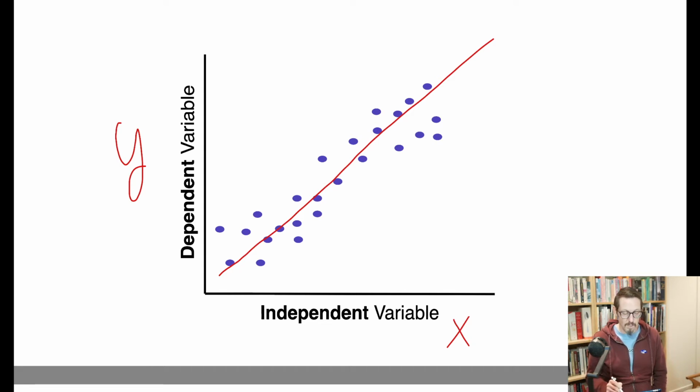When x gets bigger here, then y gets bigger too. And if we think that relationship is fit by a line, that's where Pearson's R, or Pearson's correlation, is exactly the right measurement. Well, how so?